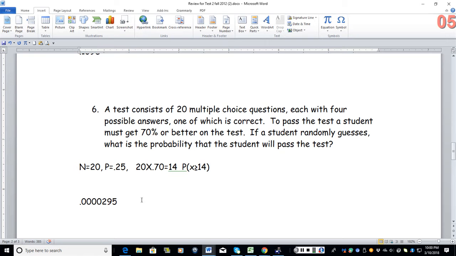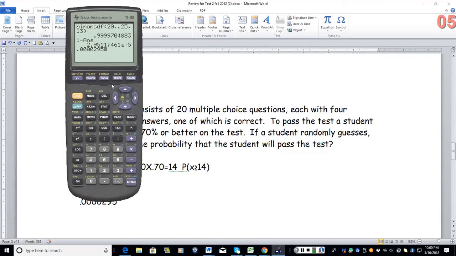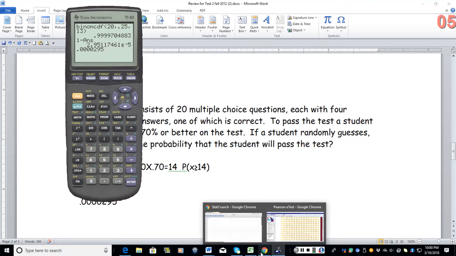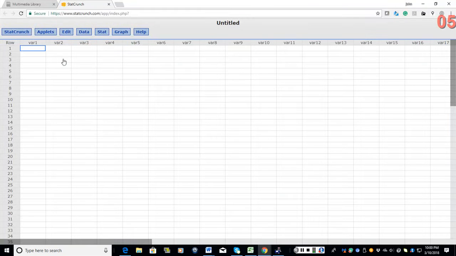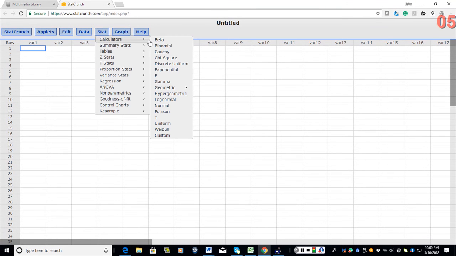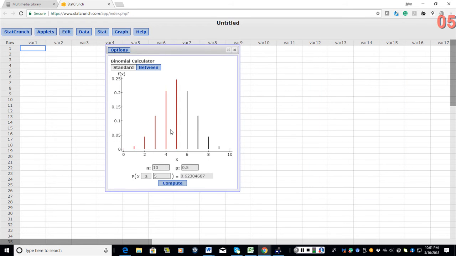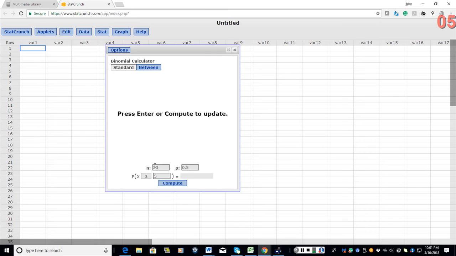Now, like I said, the other way of doing it is through the calculator. Well, we did it through the calculator, which was this. Now, the other way of doing it is through StatCrunch. Through StatCrunch, you would go to Stat, go out to Calculators, and go to Binomial. Our n is 20.